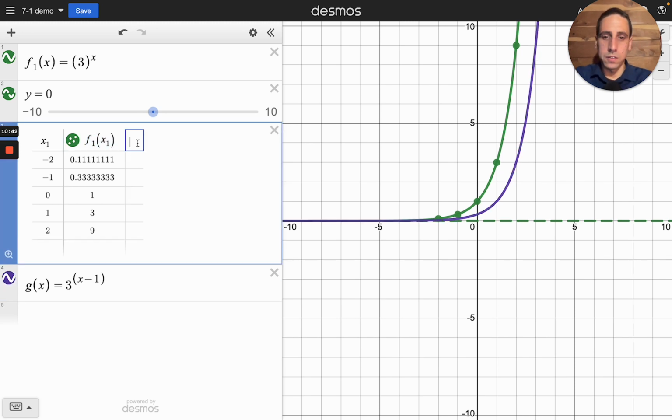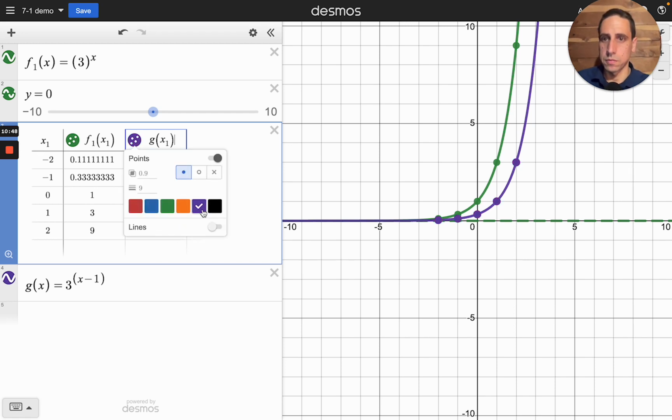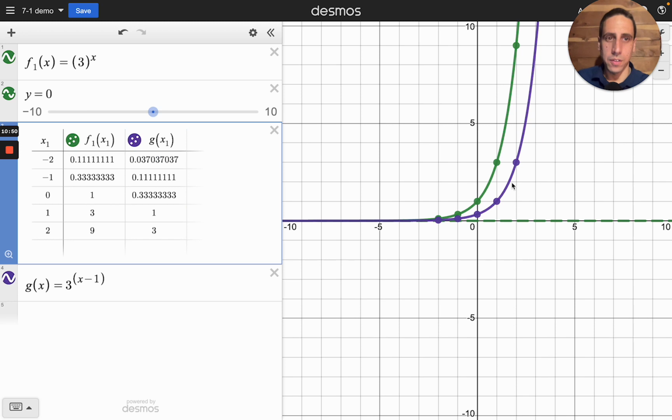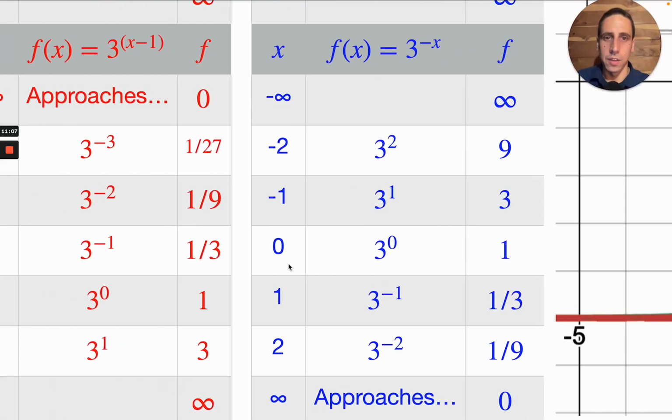Let's see, g of x, let's make it purple. All the same, these are all 1 unit shifted. The horizontal shift is +1, so it's to the right. All these numbers are 1 unit shifted over, or 1 unit away. I should have made that red.